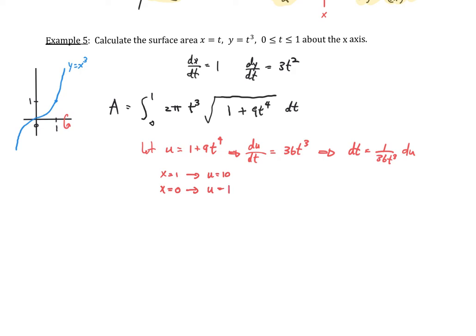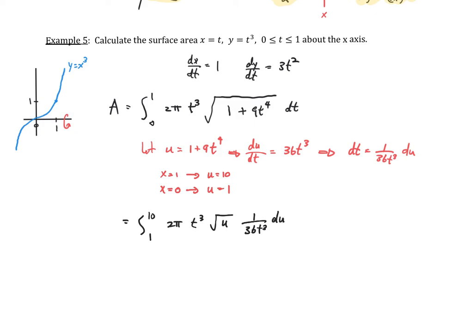So my integral now becomes the integral from 1 to 10 of 2 pi. Let's leave the t cubed in there temporarily. Square root of u. And then we substitute in our dt part. That's going to be 1 over 36t cubed du.